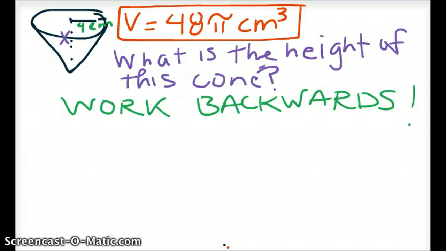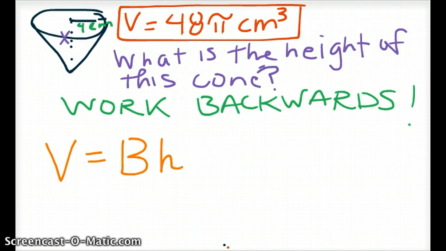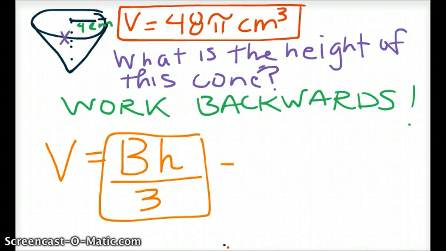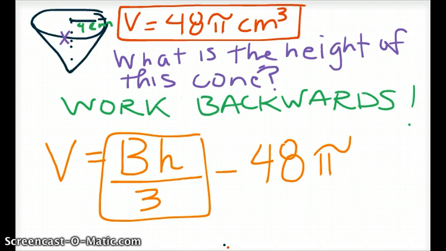So the first thing you want to think of is the formula for the volume of a cone, and it's the area of the base times height divided by 3. And so that amount is going to equal 48 pi.